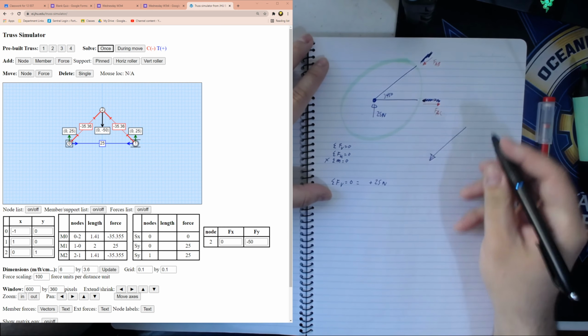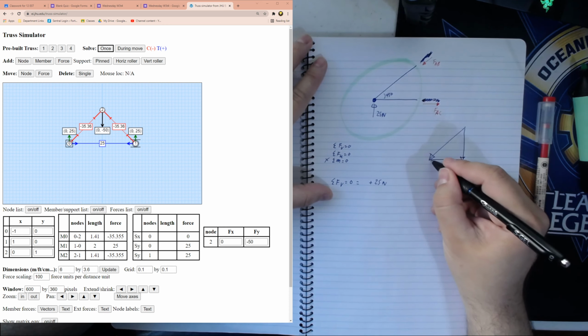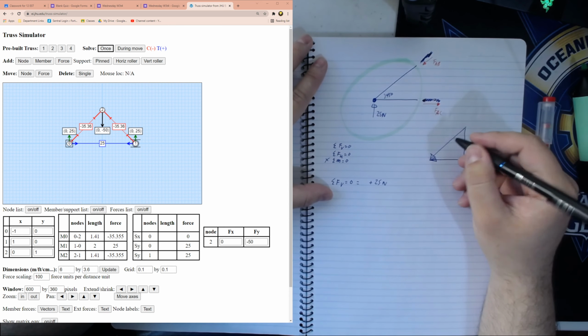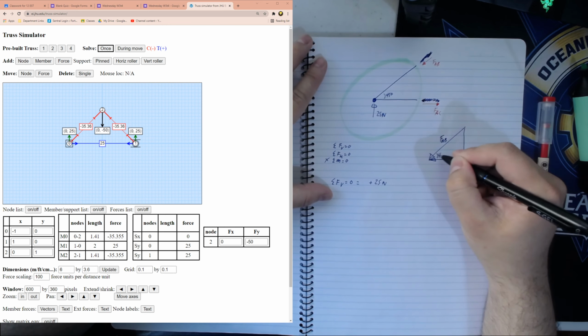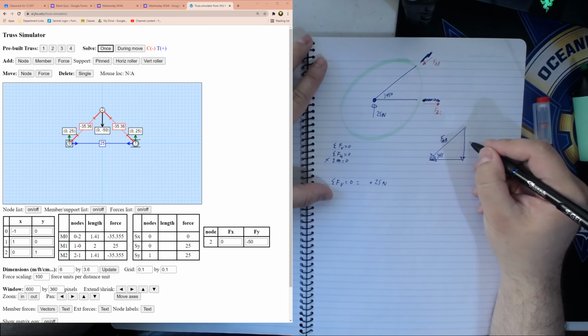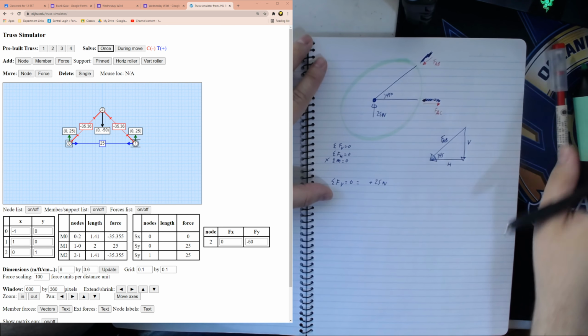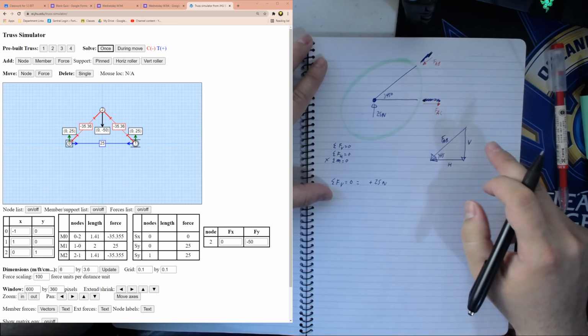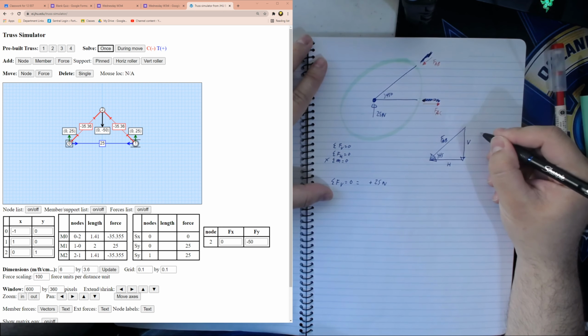The force is going down like that, and we can break that down into vertical and horizontal components. If we say this is our force AB at 45 degrees, and this could be our vertical component, and this could be our horizontal component, we can use basic trigonometry to find out what these individual values are.